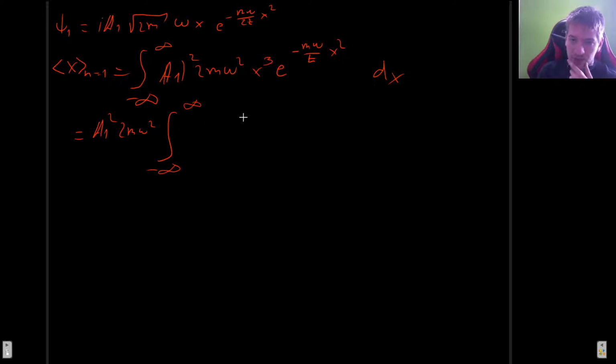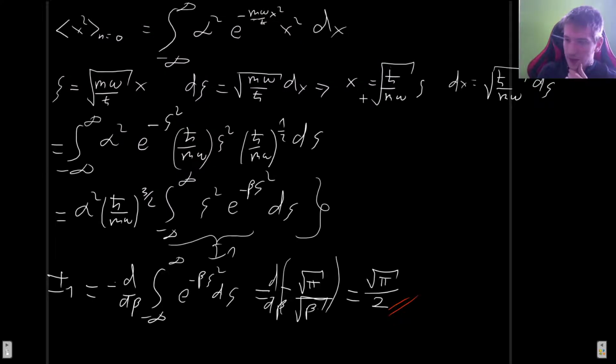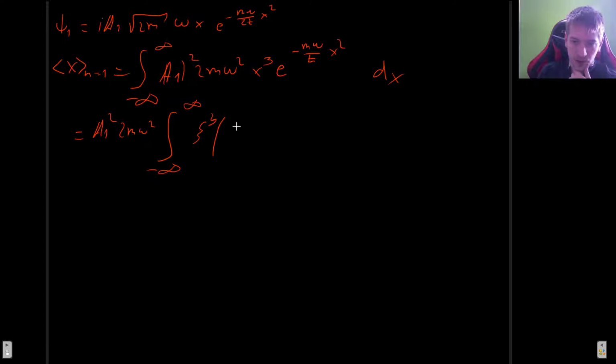Okay, so minus infinity to infinity. Now x squared will now be xi squared, cubed, sorry, it was cubed. And we have to multiply by h bar divided by m omega, so h bar divided by m omega to the 3/2 power. Then we got e to the minus xi squared, and dx will be dxi times h bar over m omega to the 1/2.